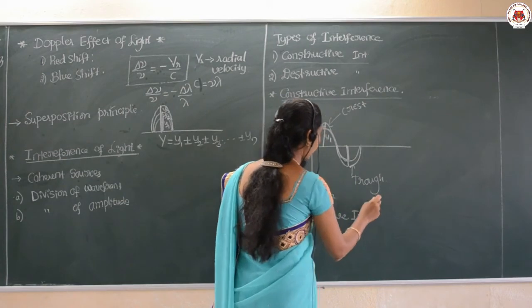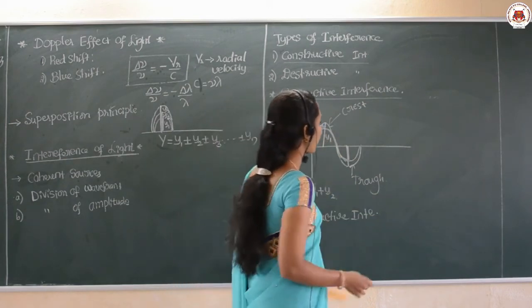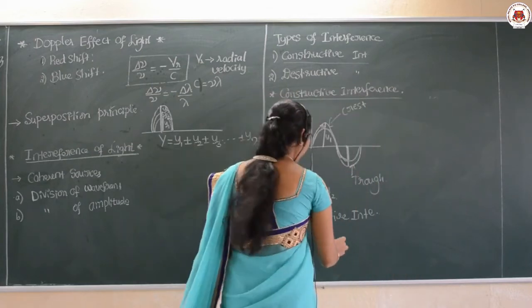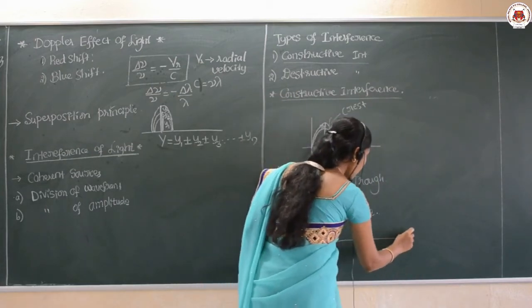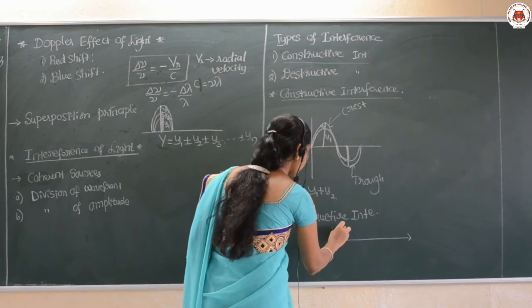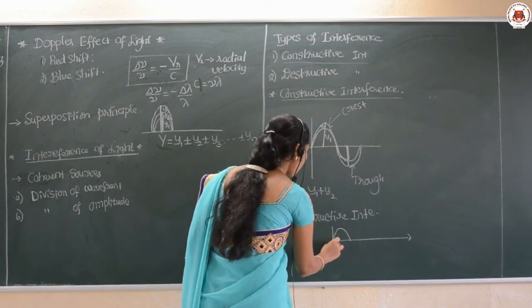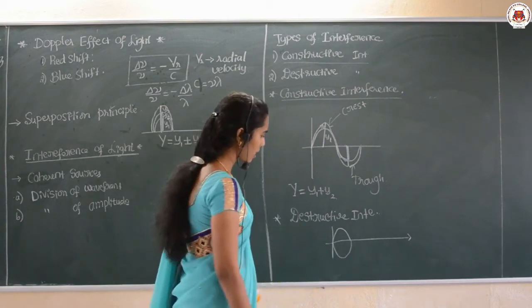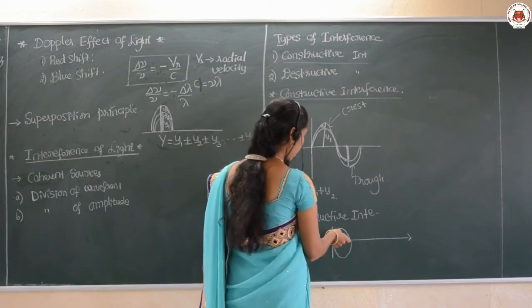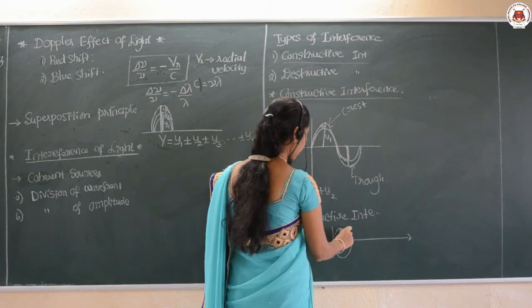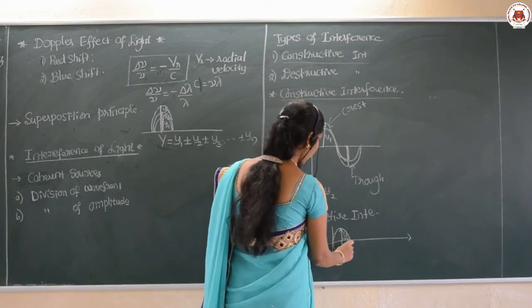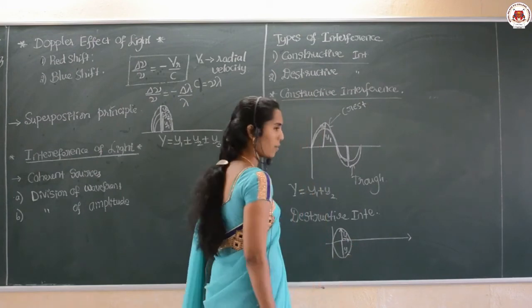interference of the light, it is the same thing here also, but in the destructive what happens is the crest of one wave falls on the trough of the other wave. You can see here, y1 is the displacement of the first wave and y2 is the displacement of the second wave.